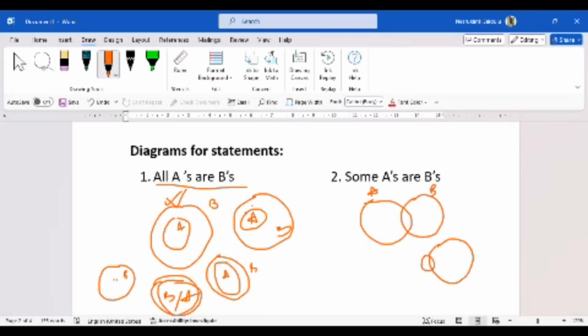The intersection between A and B may be very small or big, whatever it is. This can also be possible. There are many possibilities.